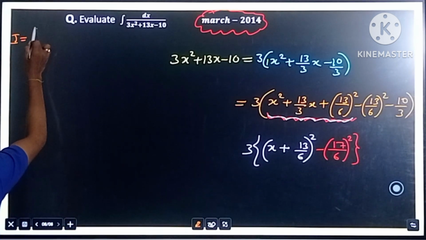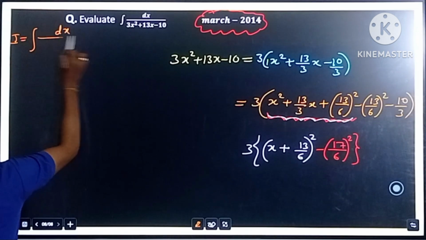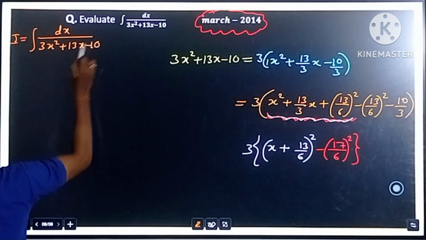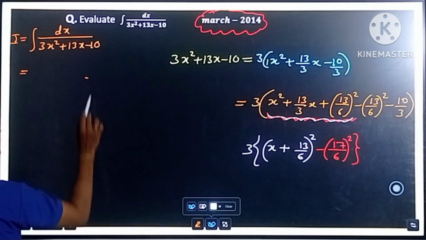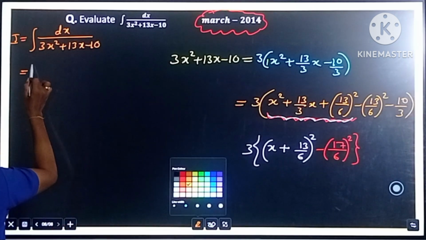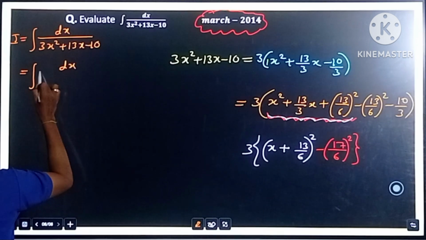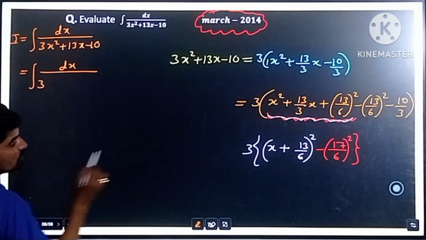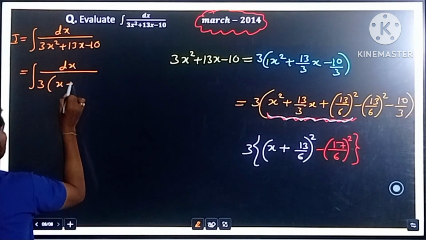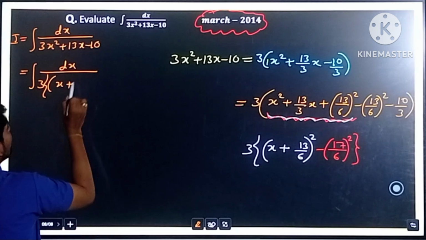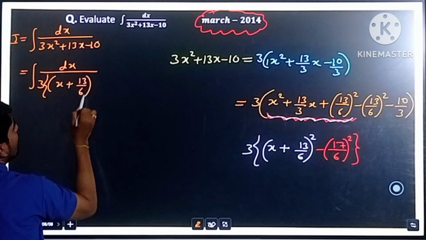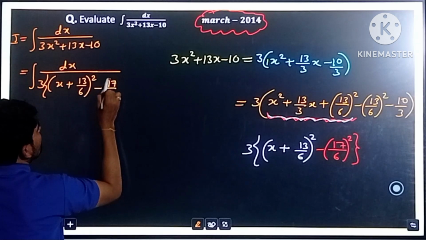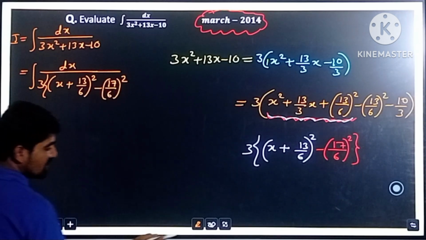I is equals to integration of dx divided by 3x square plus 13x minus 10, can be written as integration of dx divided by, see, what value has come here: 3 into x plus 13 by 6 whole square, and then minus 17 by 6 whole square. I hope all of you are understanding.